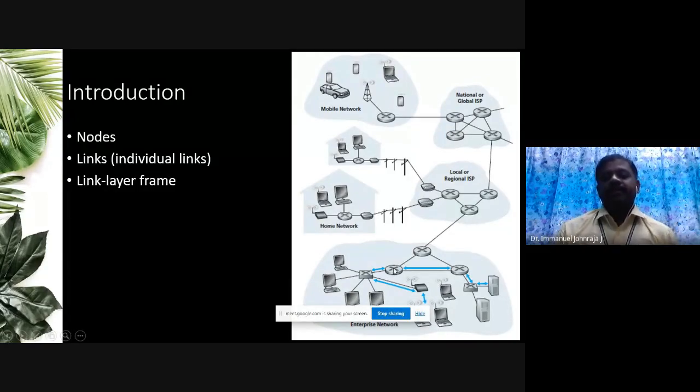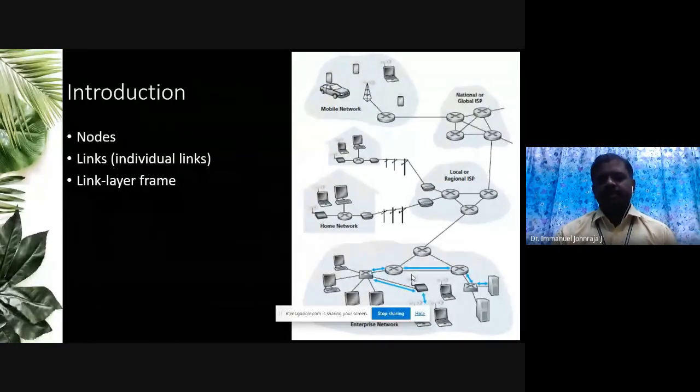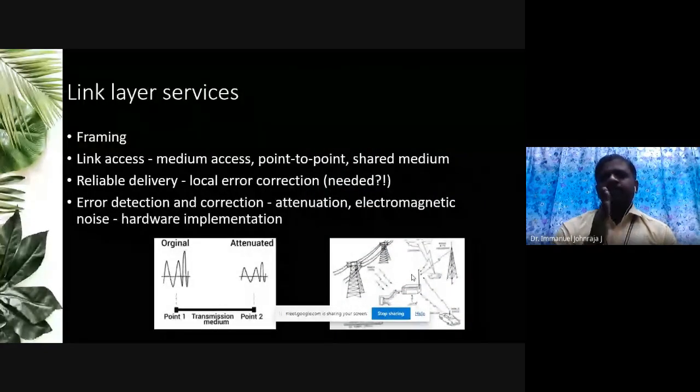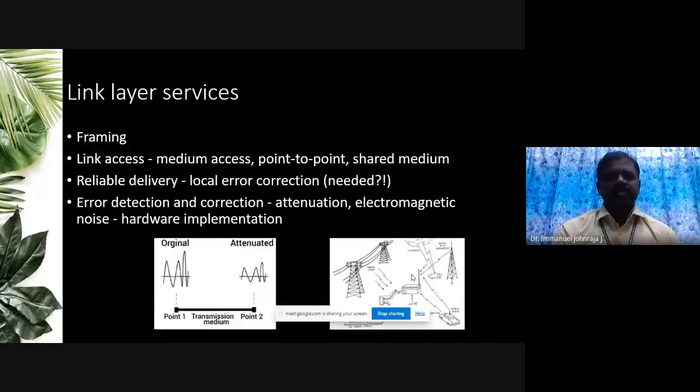The link layer frame is spoken about a lot in the data link layer, because framing is an important process which happens at the link layer of the OSI reference model, right? Framing. Second one is link access. As I mentioned earlier, your data link layer takes the responsibility to connect your software with the hardware. So far, TCP and everything is software implementation, where a piece of information is given, you do the checksum, you check the source IP, destination IP, a lot of games are happening.